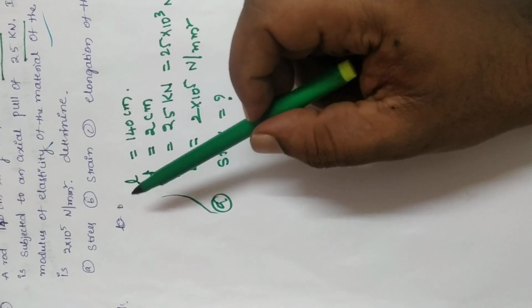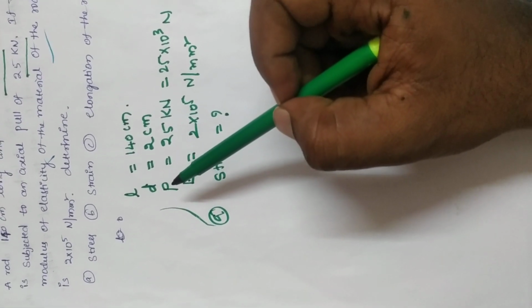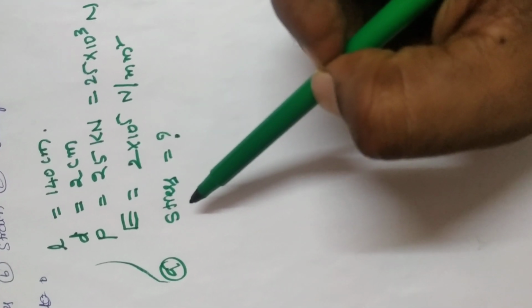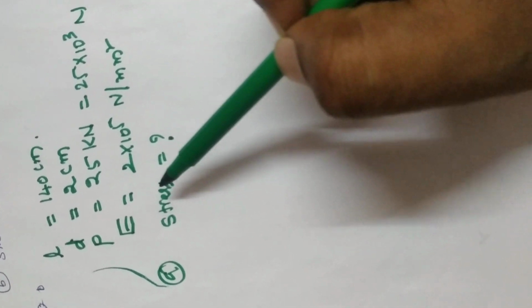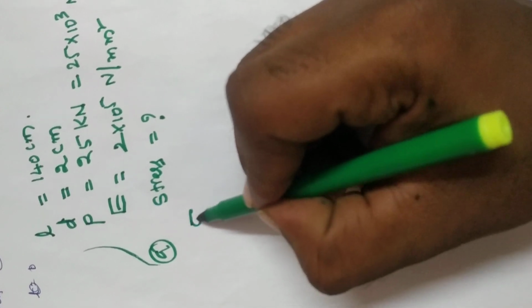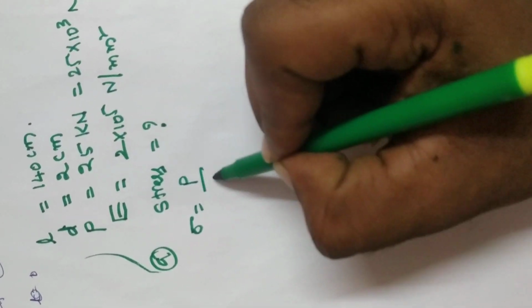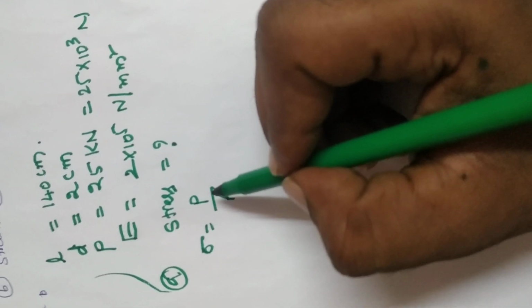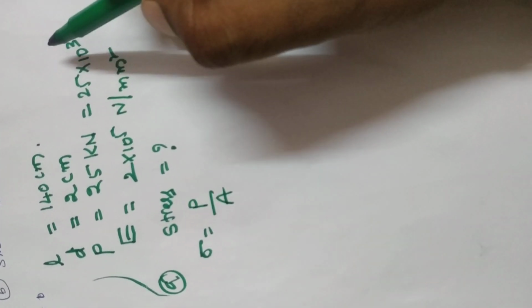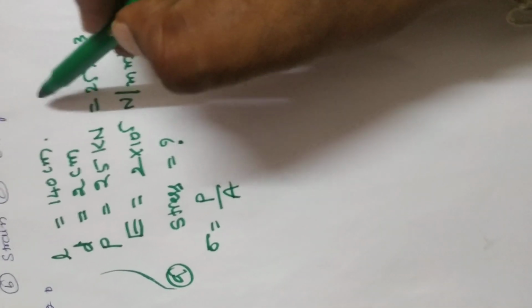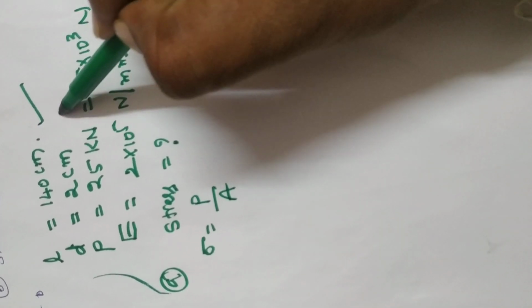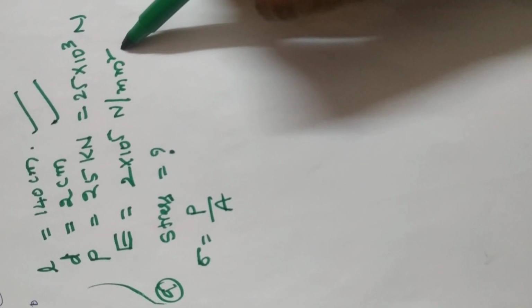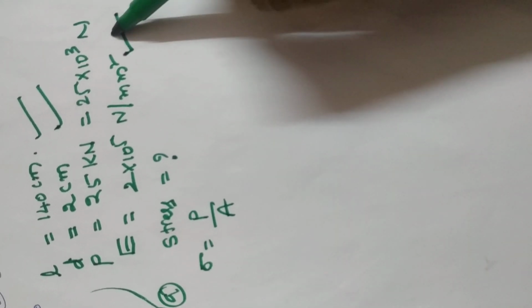So L means length, D means diameter, P means load, E means Young's modulus. Just calculate the stress. Already you know the stress equals load by area. Before solving the problem, very important is unit conversions. Length and diameter are in centimeter, then E Young's modulus is in terms of mm.